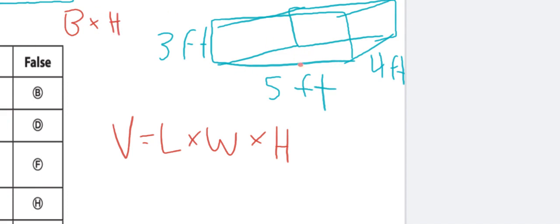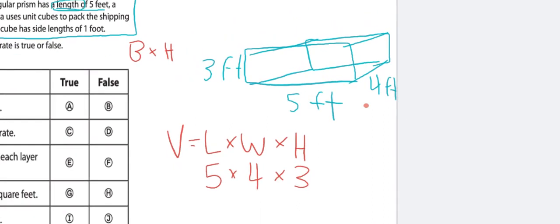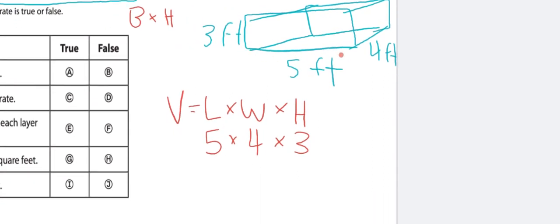So how long is it? 5 feet. How wide is it? 4. And how tall is it? 3. So to find the volume of the entire prism, I could do 5 times 4 times 3.